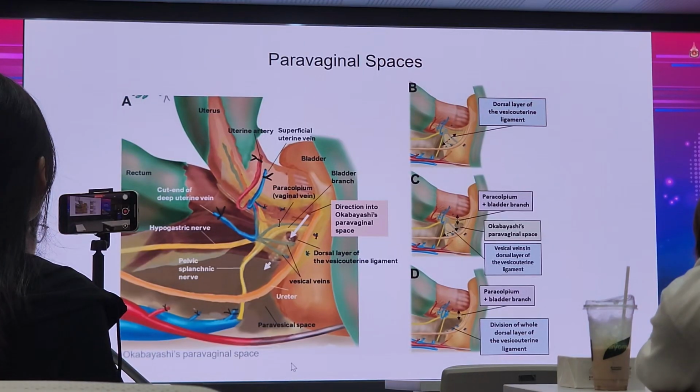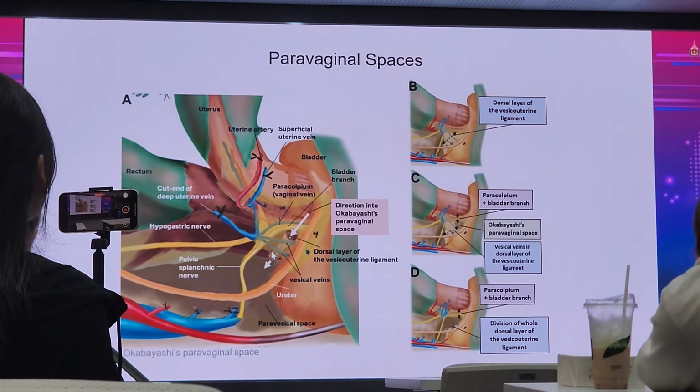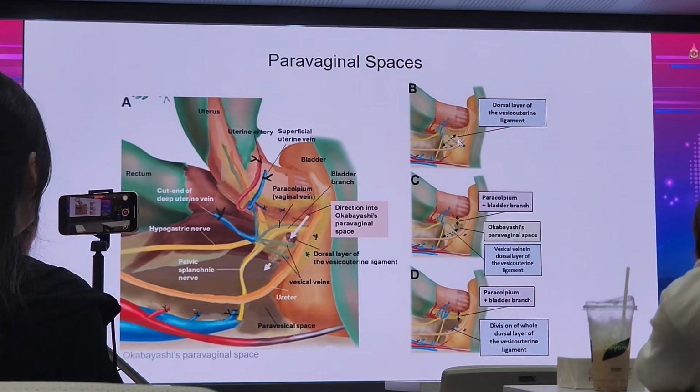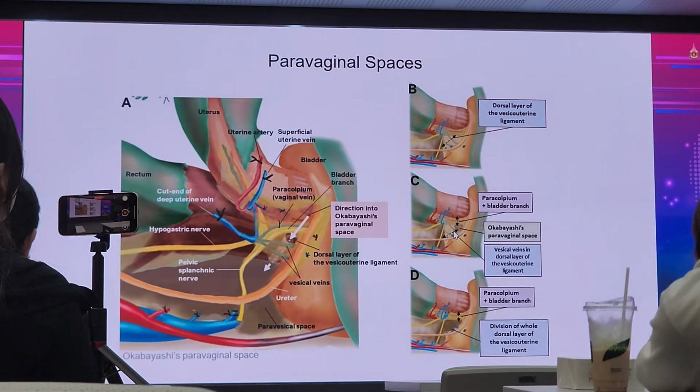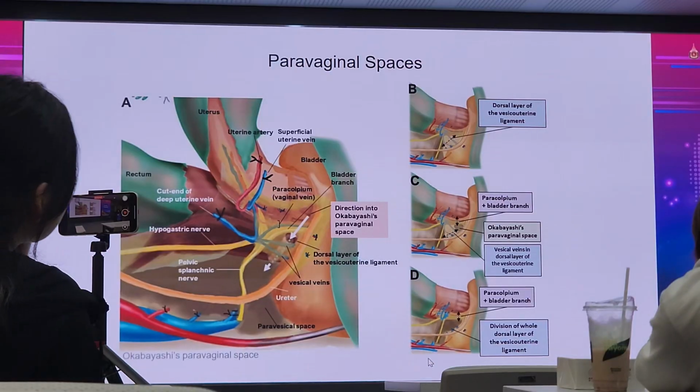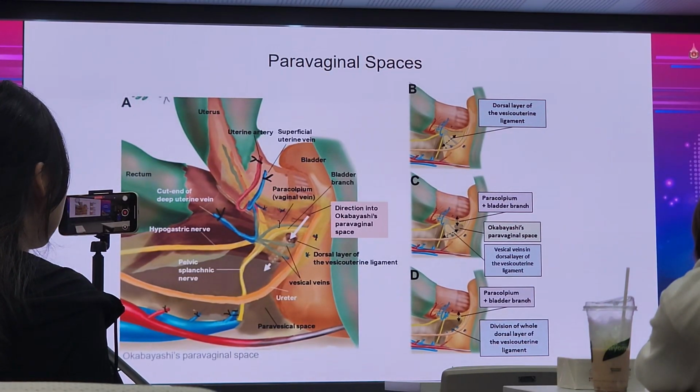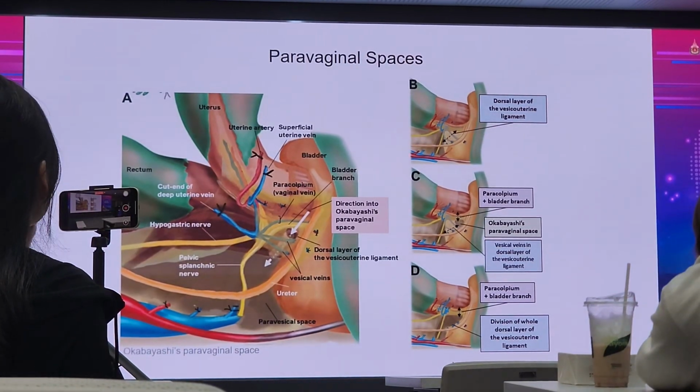This space is covered by the dorsal layer of the vesicouterine ligament. To cut that, you have to identify the Okabayashi paravaginal space before cutting the vesical veins of the dorsal layer of the vesicouterine ligament, and there you can preserve the branch of the hypogastric nerve that goes to the bladder. This is one way.